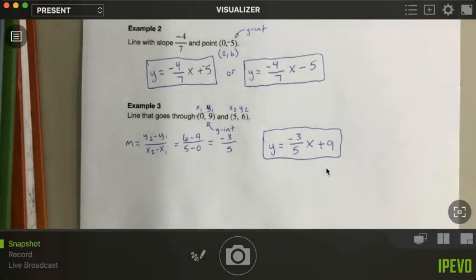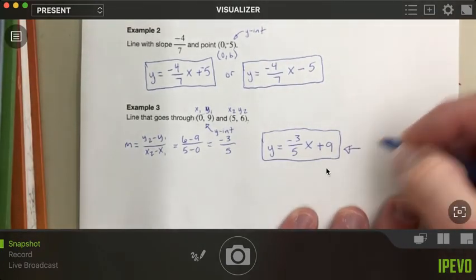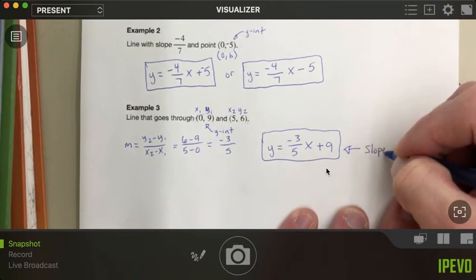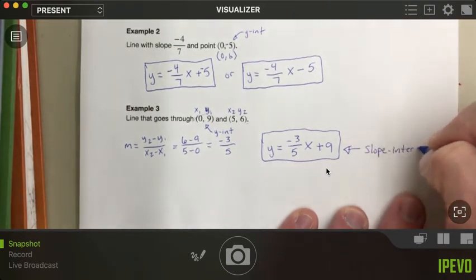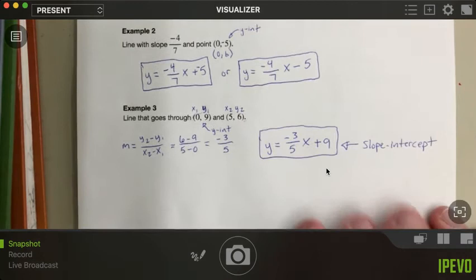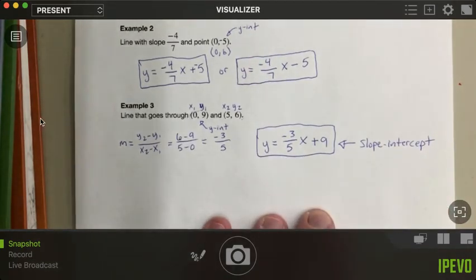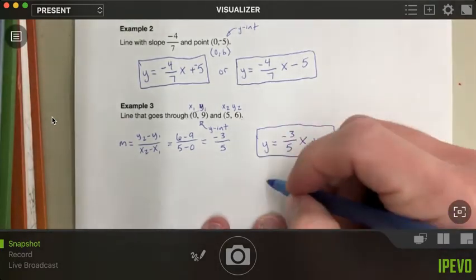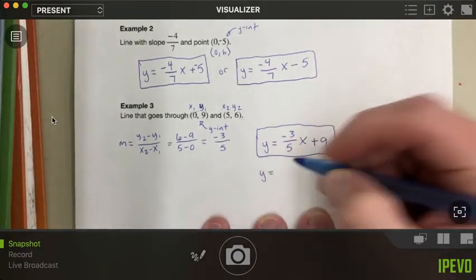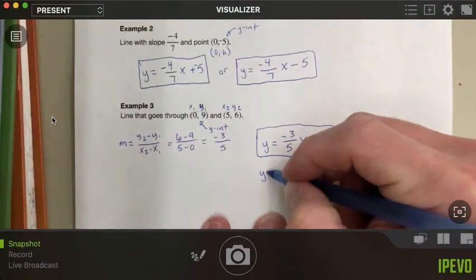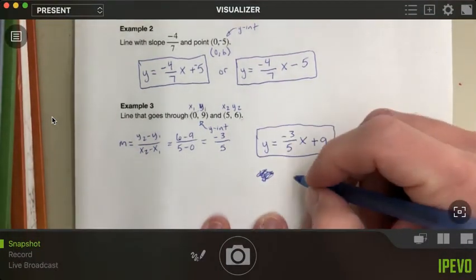All right. So let's label this slope-intercept. And then the other thing I want to point out, just as a reminder, is if I had said point slope, in this case, let me scribble that out.